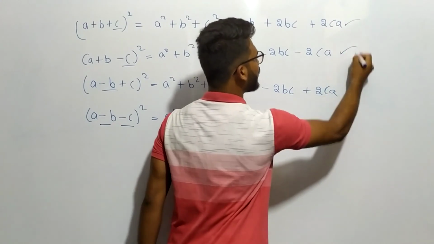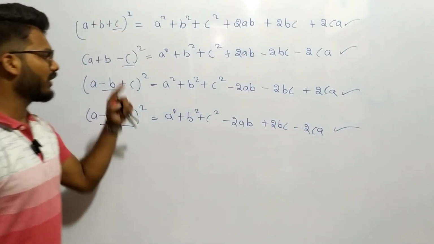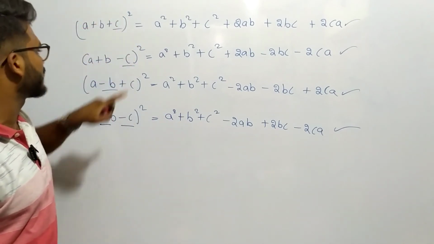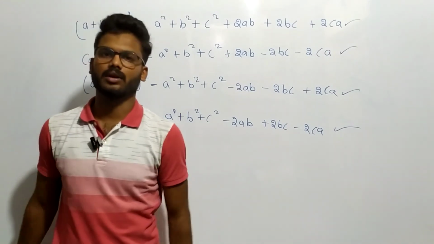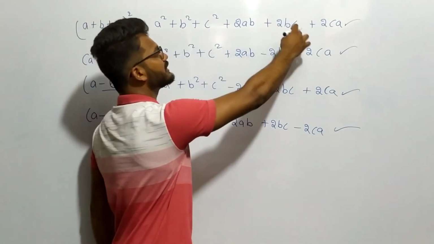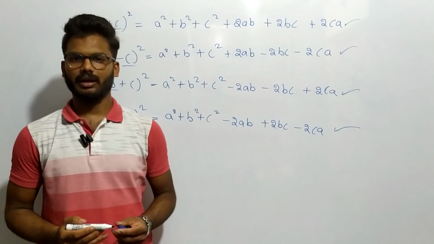Okay, these are the four formulas using three variables: (a plus b plus c) whole square, (a plus b minus c) whole square, (a minus b plus c) whole square, (a minus b minus c) whole square. Clear? These four formulas you can get easily from this one. Understood or not? Okay, thank you.